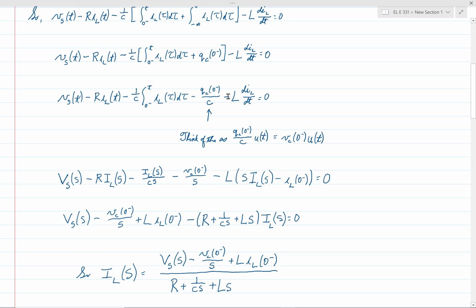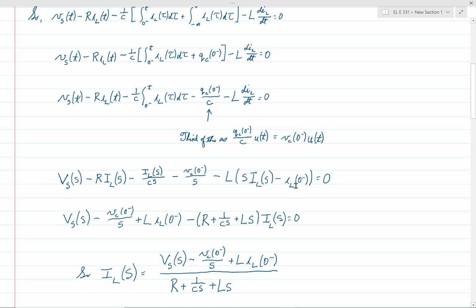And then finally, we take the Laplace transform of this, and the minus L can come out, and the Laplace transform of the derivative, you can look this up in your table, is s times the Laplace transform of the function itself minus the value of that function at 0 minus. And then this whole thing is equal to 0.